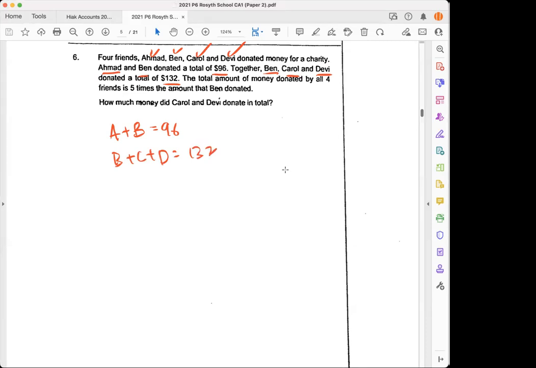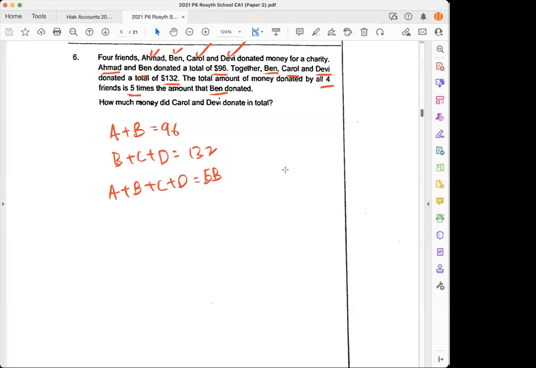The last statement is that the total amount donated by all 4 is 5 times the amount donated by Ben. All 4 will be A plus B plus C plus D, and their donation is 5 times Ben.